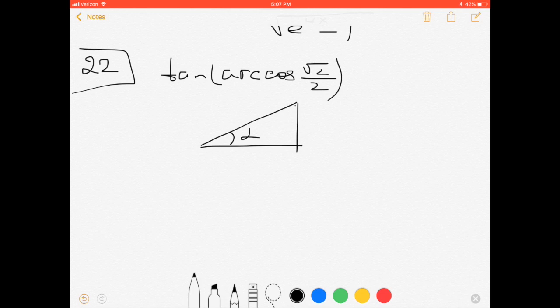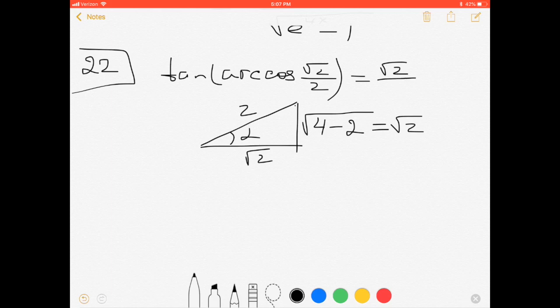Because the cosine of this angle is square root of 2 over 2, this means here you have square root of 2, then you have 2. And we find the opposite side, which is square root of 4 minus 2, exactly square root of 2. The tangent of this alpha will be square root of 2 over square root of 2, which means 1.